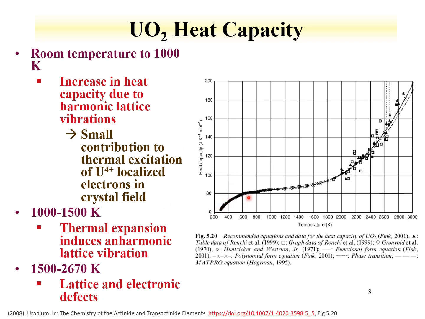From room temperature up to 1,000 degrees, we just see an increase in the heat capacity as a function of temperature. And this is due to lattice vibrations. So we're just heating up the entire UO2 lattice, and it's vibrating, changing the heat capacity above 1,000 degrees to about 1,500 degrees, right about here.